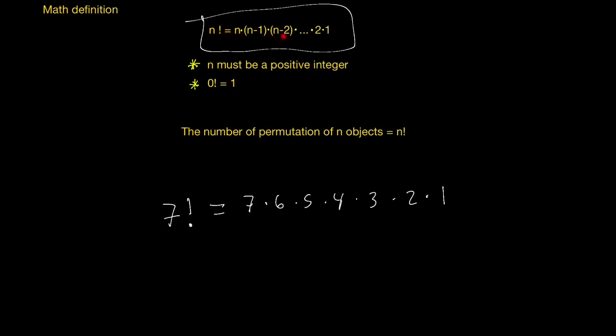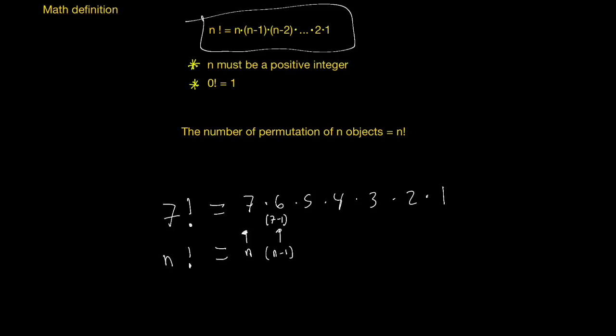I know here it looks a little bit weird, but we can make it look like this. For example, if n factorial is equal to 7 factorial in our example, then here we can see how n is this part right here, but then n minus 1 is the same thing as 7 minus 1. 7 minus 1 is 6.